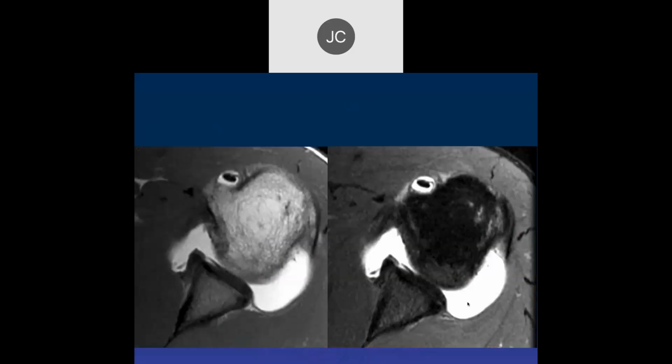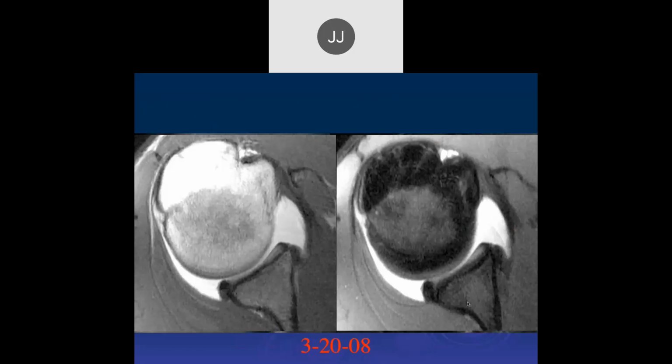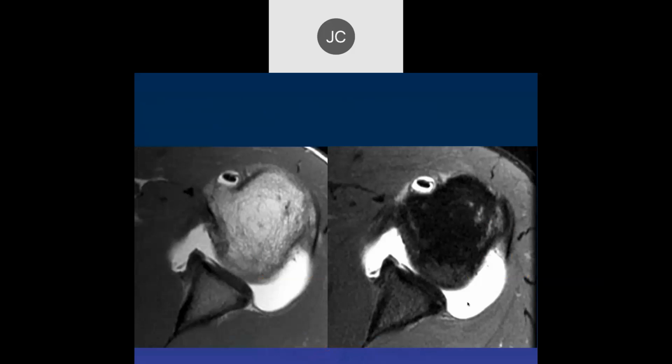When you put that back, you have to tighten the capsule also, because that piece of tissue carries the capsule with it.